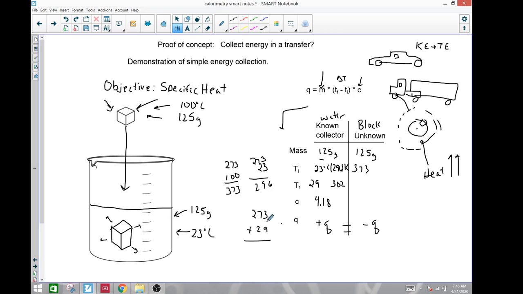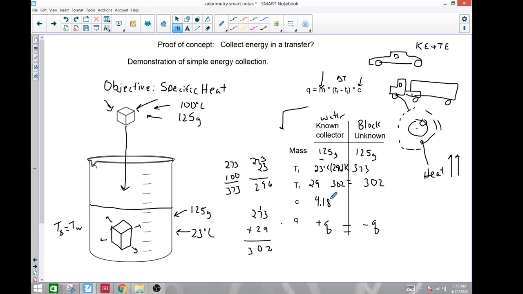So, 302. All right, which means this guy also, since they're in the same container, this thing will radiate energy to the water until literally the temperature of the block equals the temperature of the water. So these are now equal, 302 degrees.